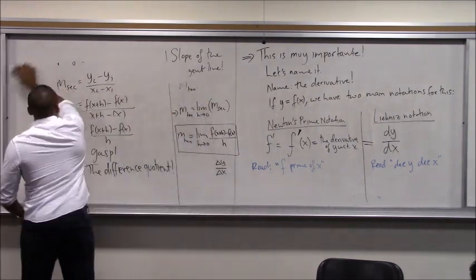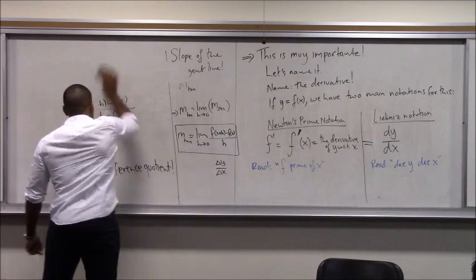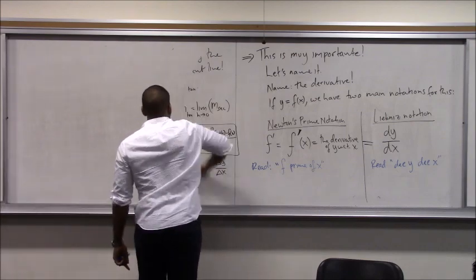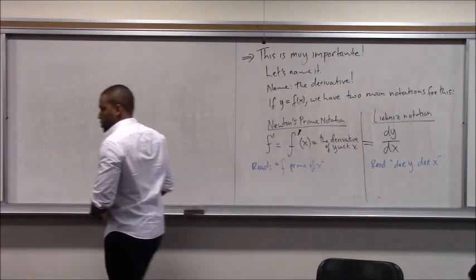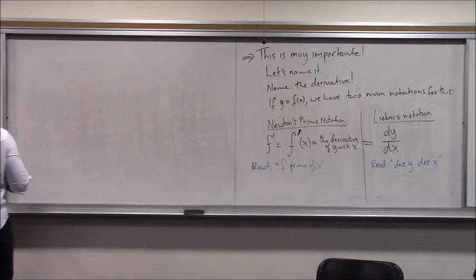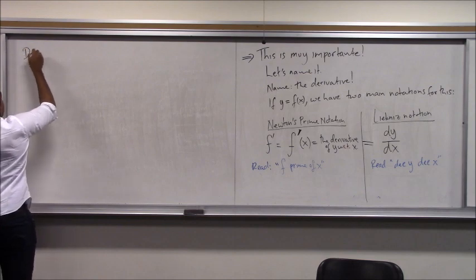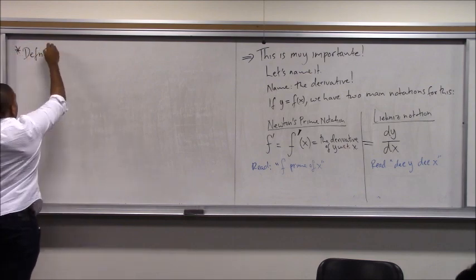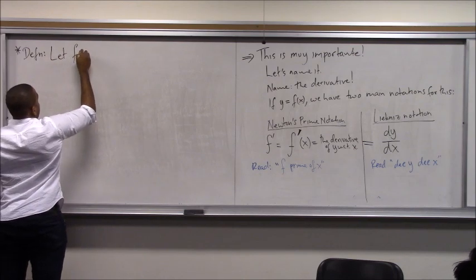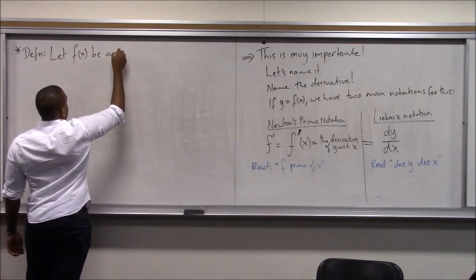So let me finally write down the main definition of this section, just to put it all in one phrase. Definition. So this is something you should know. Let f of x be a function.